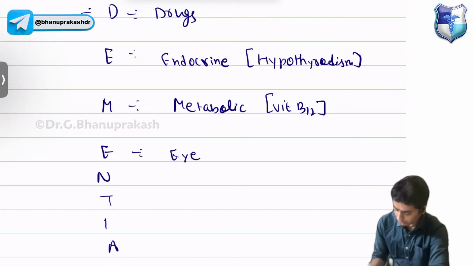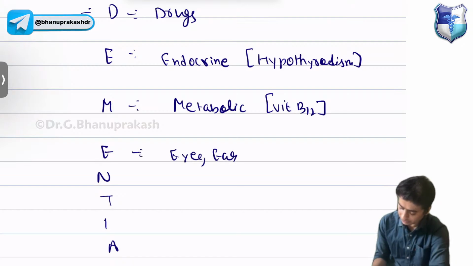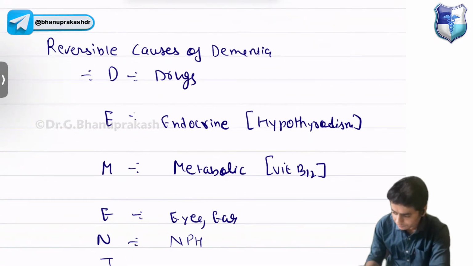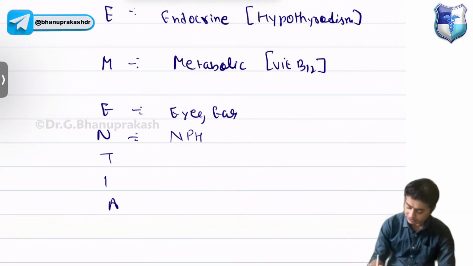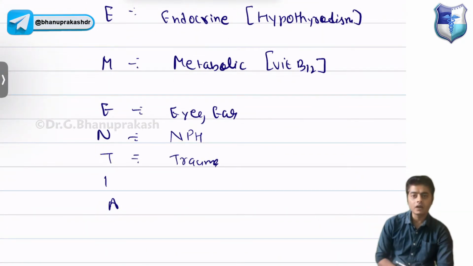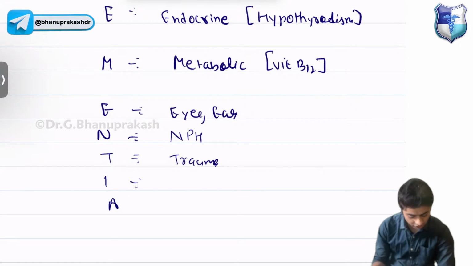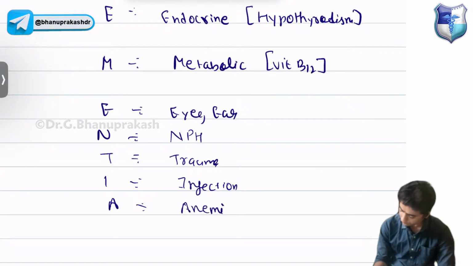E for eye and ear. N stands for NPH. T stands for trauma, I stands for infection, and A stands for anemia.